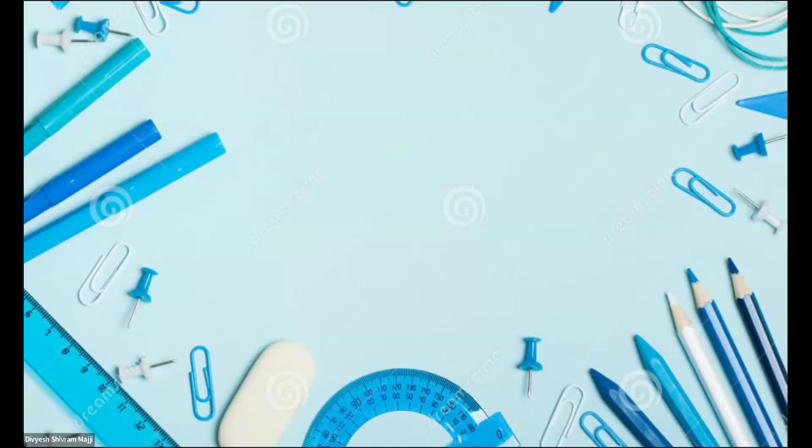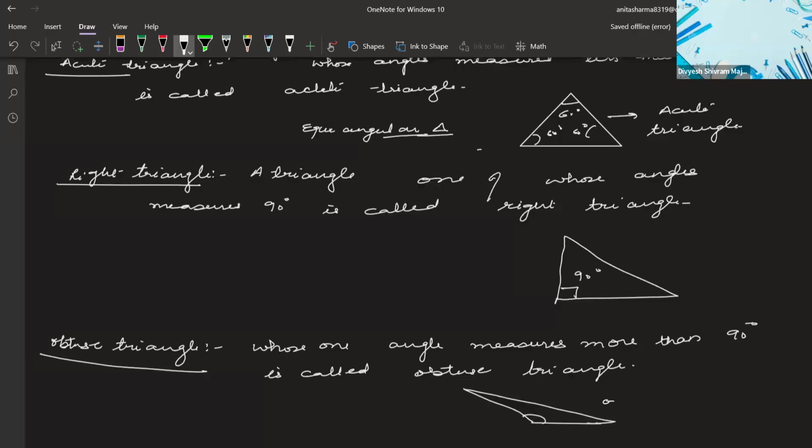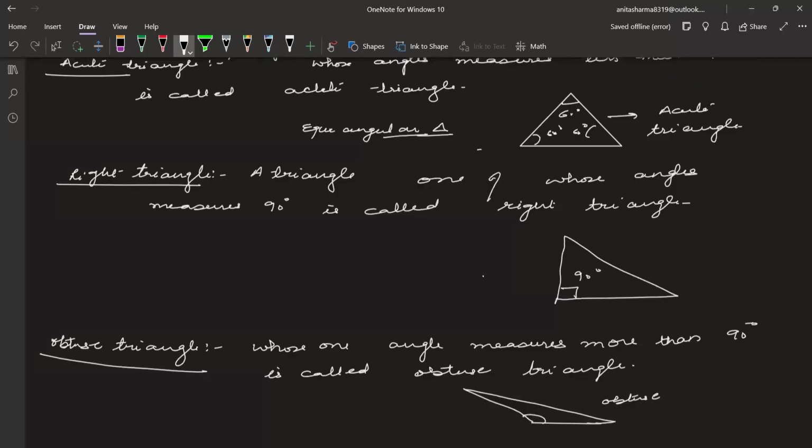Am I audible, children? Yes, ma'am. So, all have written this? The right angle triangle has a property called the Pythagoras theorem, right? Yes. We will learn this also.